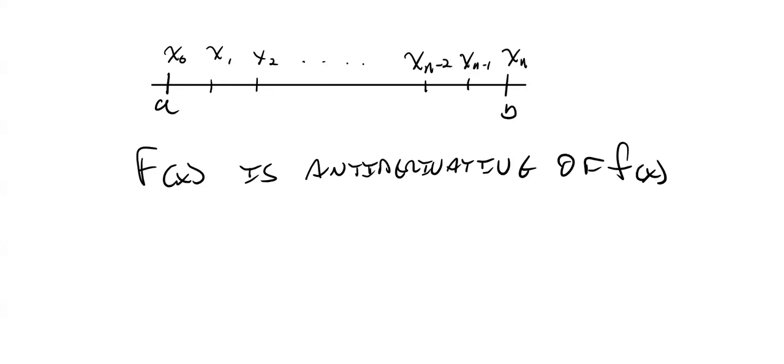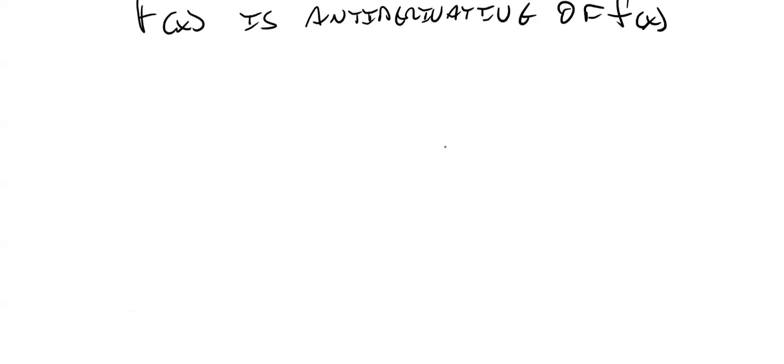That means when you take the derivative of big F of x, you get little f of x. That's what an antiderivative means. In other words, the derivative of this equals this.